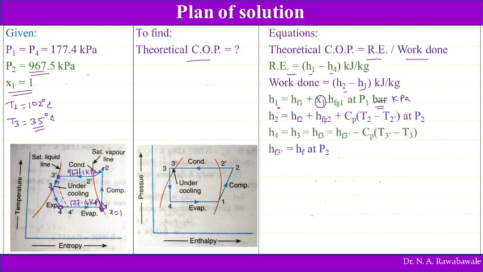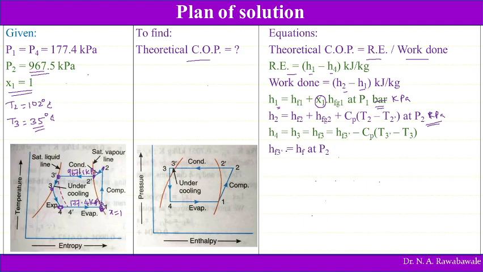That is the enthalpy of dry saturated vapor at point 2 dash plus the enthalpy of superheated vapor, that is Cp into (T2 minus T2 dash), at pressure P2 kilopascal. So this is also at pressure P2, whatever is given in this problem.